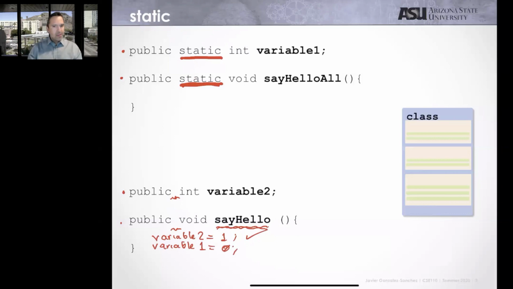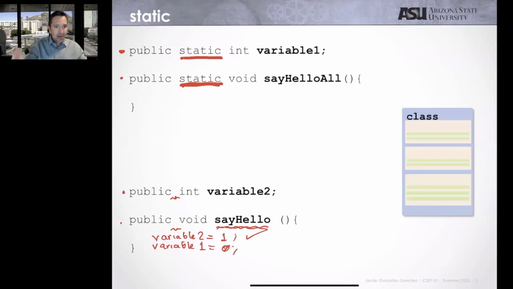We go back to the rule. Say hello is a non-static method. Variable 1, according to this definition, is a static variable. So a non-static method can use a static variable. And the answer is yes.